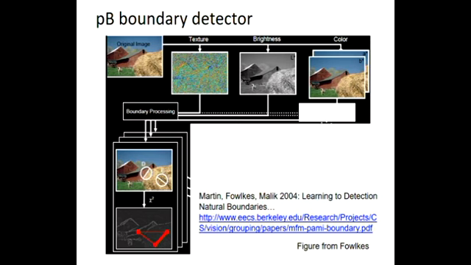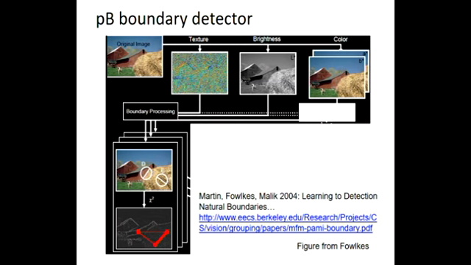Another classic detector, I guess I could say, is called PB, probability boundary, that in addition to using intensity information, which is all that Canny uses, it also can use color and texture information. So the idea is that for every pixel, you look at the difference of brightness, the difference of color.